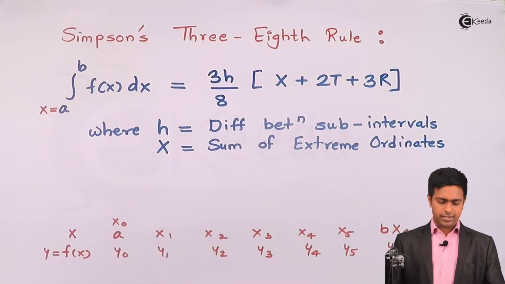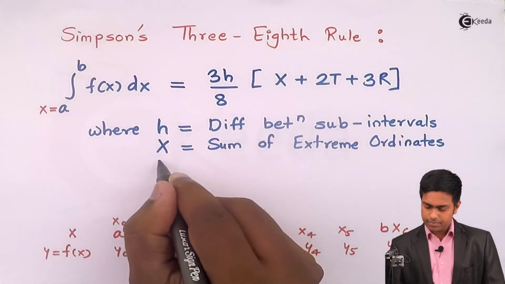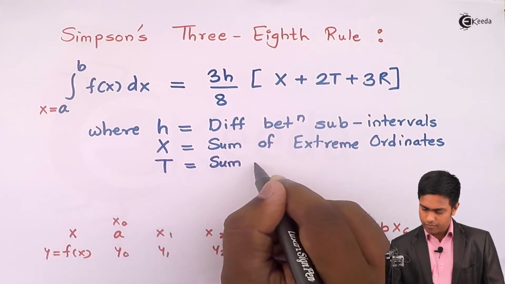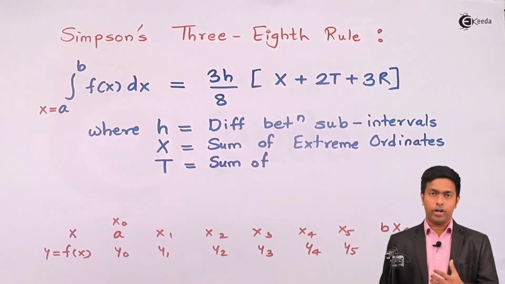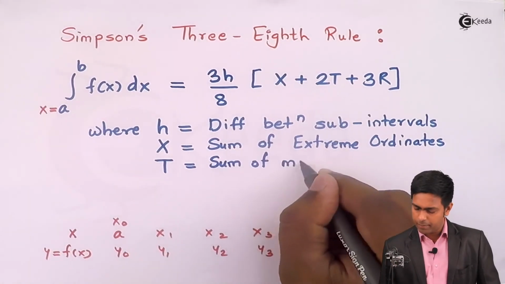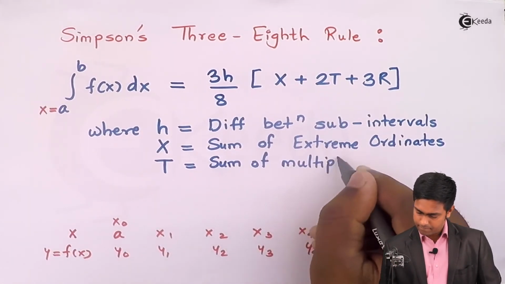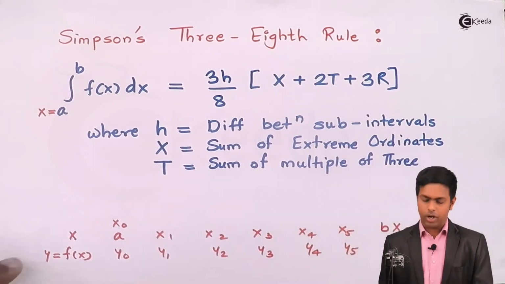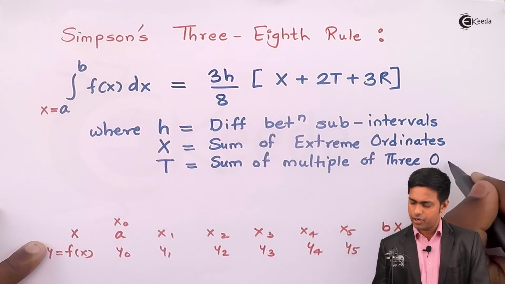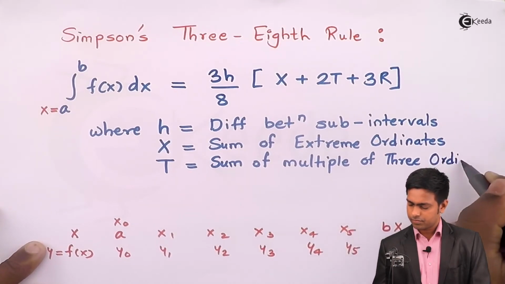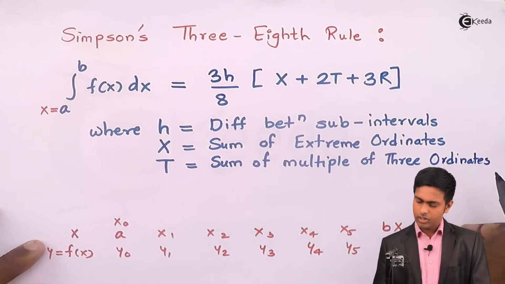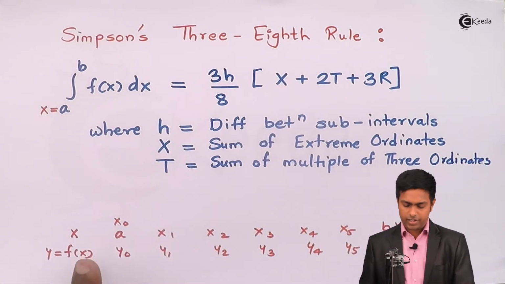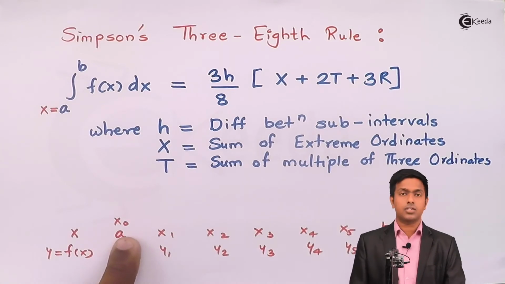That will be called x. Now what is t? It is the sum of the ordinates which are multiple of 3. Now guys, in x I have considered the sum of extreme ordinates, so y0 and y6 are gone.